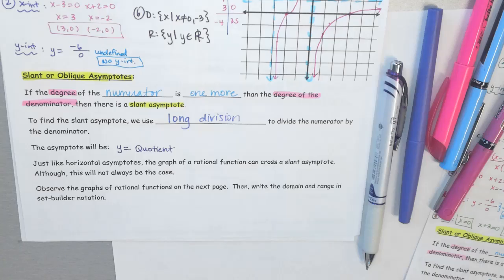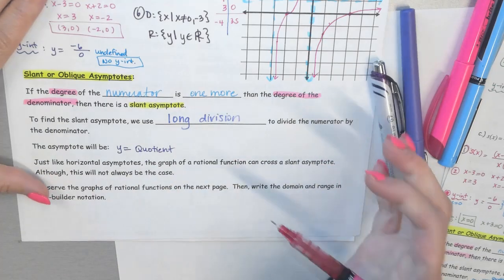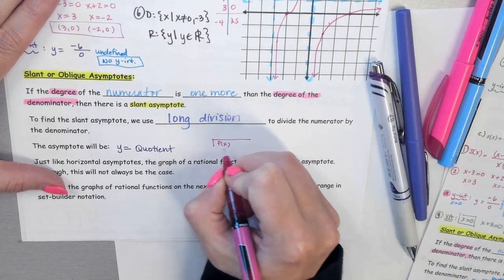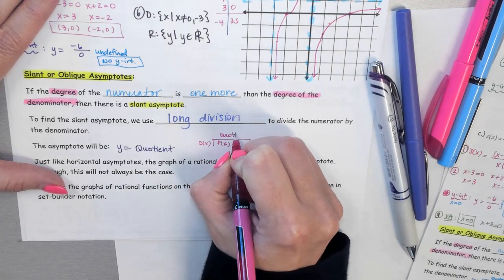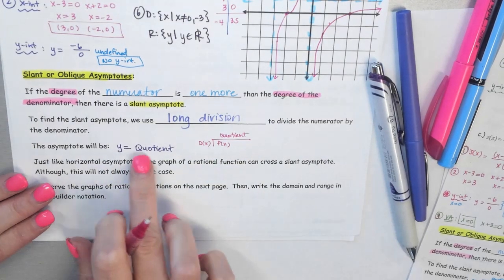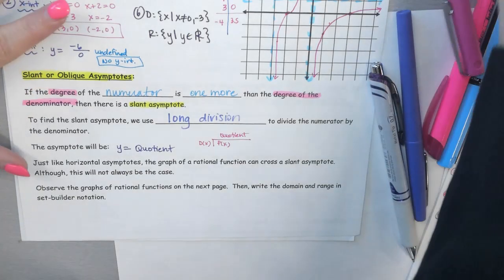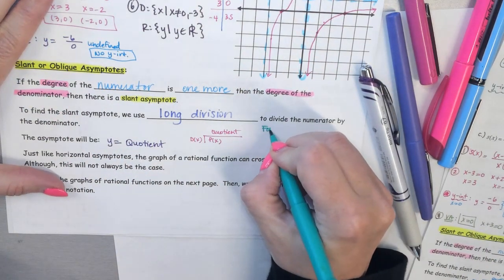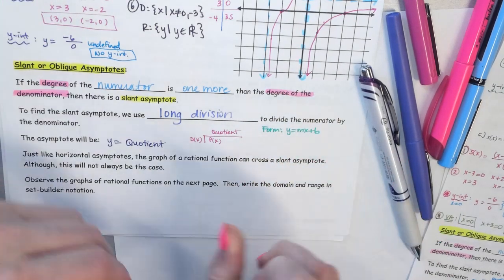So you're going to add the y equals to it. When you set this up, you have your polynomial, your dividend, and then the quotient is what you get on top. You are just going to set that equal to y. It is always going to be linear, so it's going to be of the form y equals mx plus b.